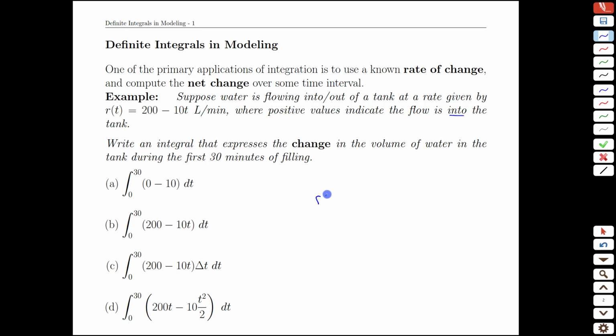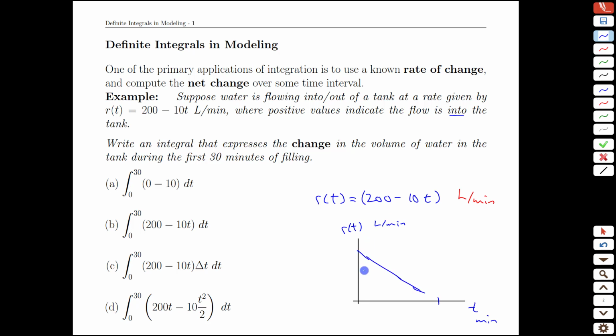All right, so we know that R of t is 200 minus 10t, and a key ingredient of that is liters per minute. So if we were to sketch this out for a second, R of t and t, and we have the units of liters per minute and minutes, what would we do with this graph? Turns out it's a linear decay graph, that doesn't really matter.